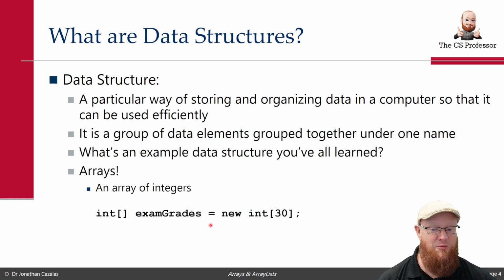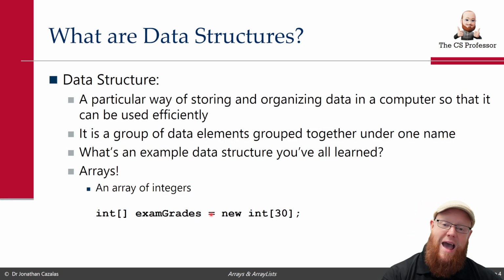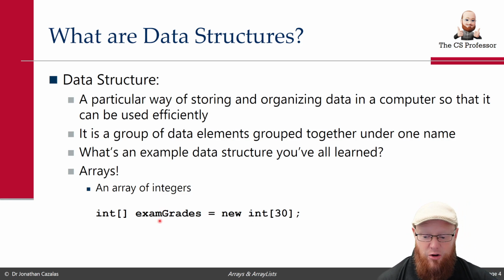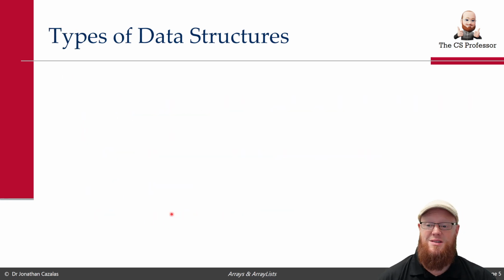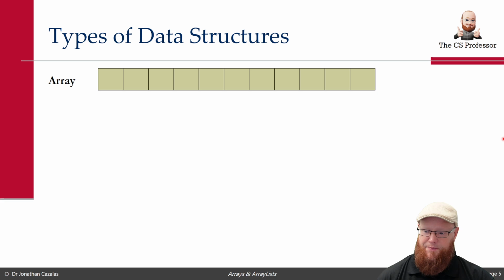We have an assignment. Remember, we look to the right of the assignment. Yo, Java, make for me an array of int values. That's a primitive, right? An int values of size 30. And then save the address of the beginning of that array into this variable exam grades. We've covered this exhaustively, and that in fact is our first data structure that we're going to review.